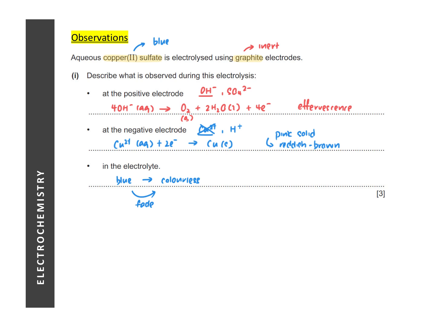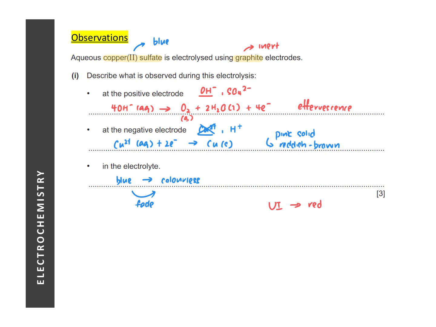Now another extension to this question is this: if I were to add universal indicator into the electrolyte after it has become colorless, what would be the color of your universal indicator? Now the answer is that your universal indicator would now be red. How do you determine this?